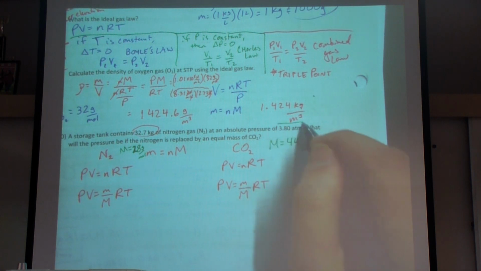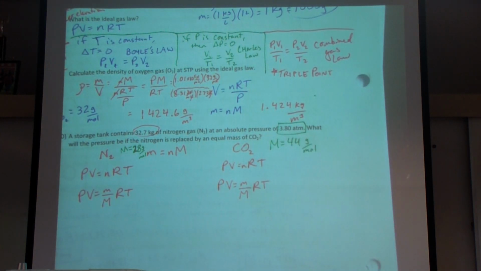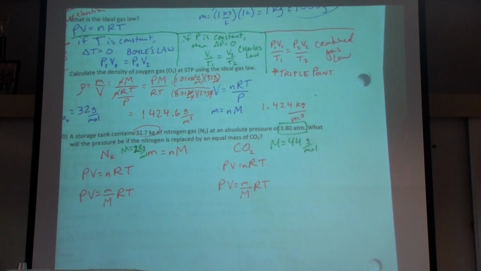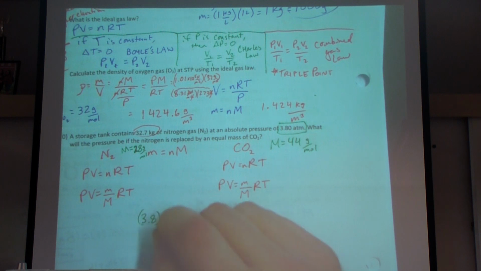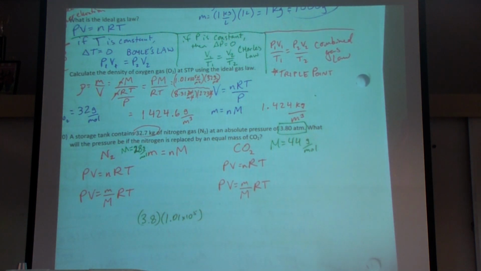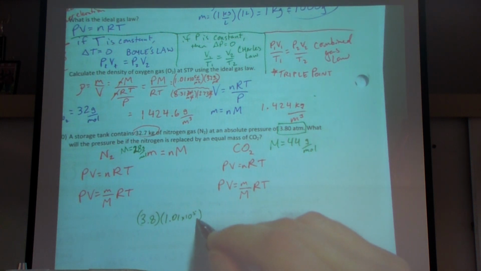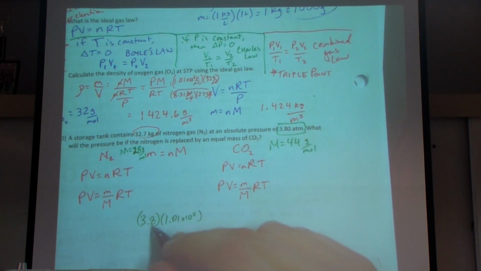We know the pressure. However, it's in atmospheres. To be on the safe side, we might be able to leave it in atmospheres if we really keep track of the units, but let's convert that into pascals. So 3.8 times 1.01 times 10 to the 5th, because that's the number of pascals in one atmosphere, and that's the number of atmospheres.